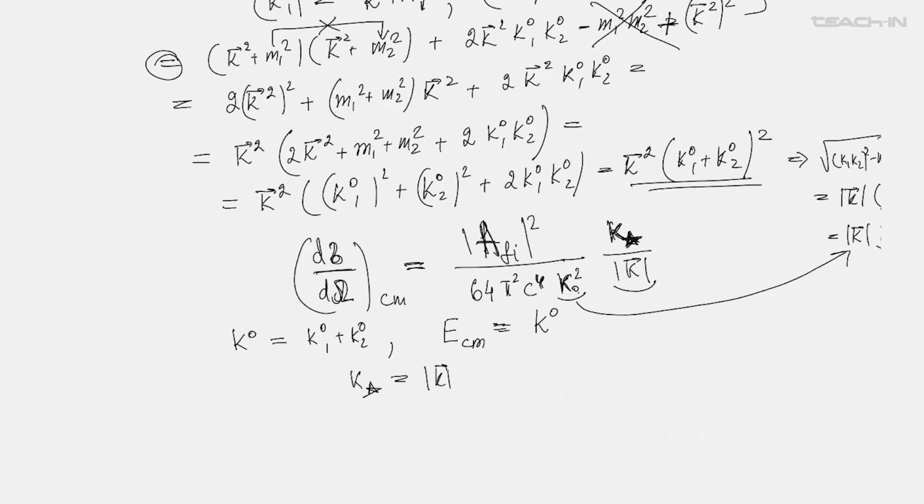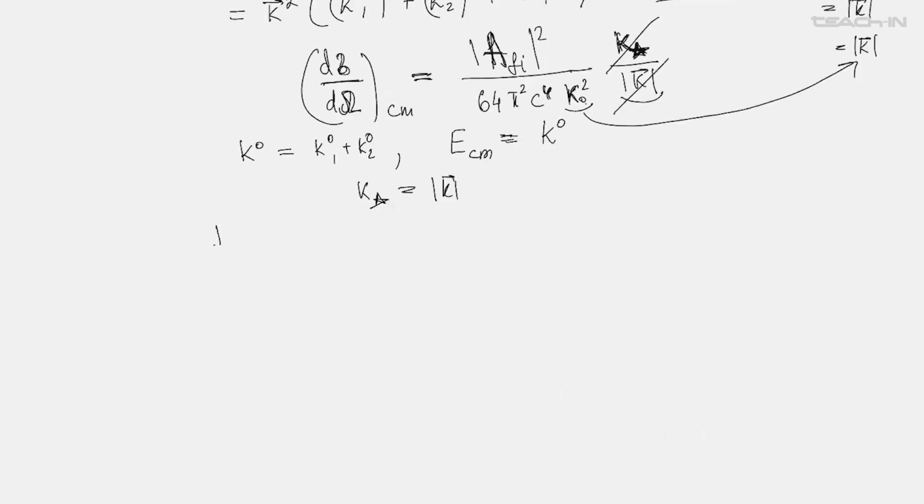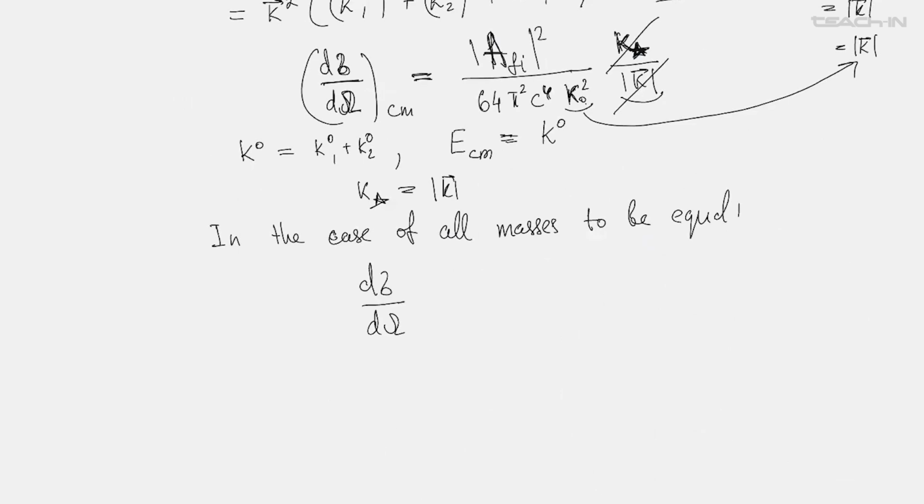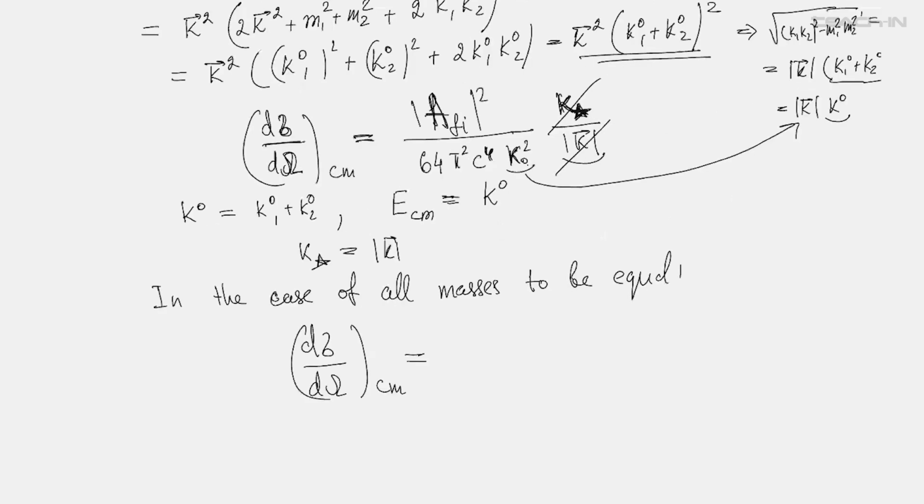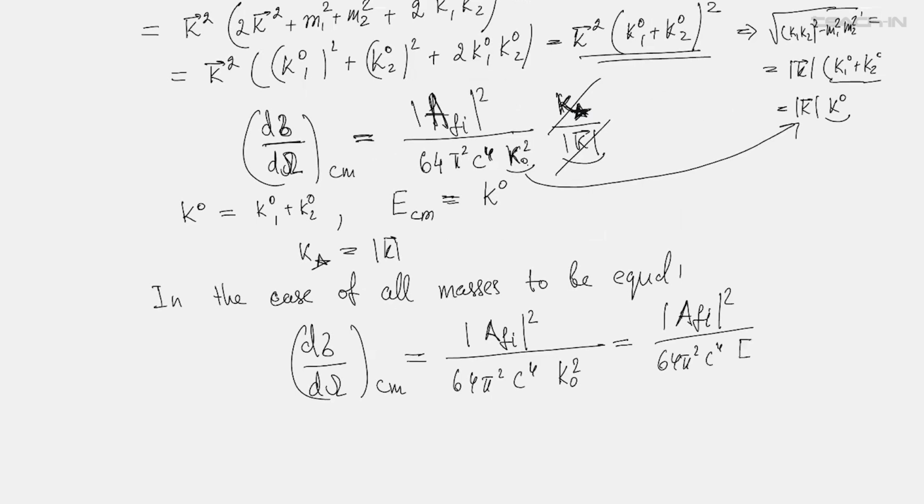In the case of all masses being equal, the differential cross section dσ/dΩ, computed in the center of mass frame, takes the following form: the scattering amplitude squared divided by 64π² c⁴ K0 squared, where K0 squared is simply the energy of the incoming particles squared in the center of mass frame. That's the answer for this differential cross section.